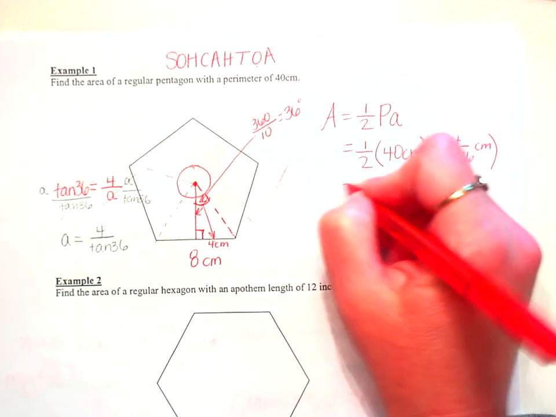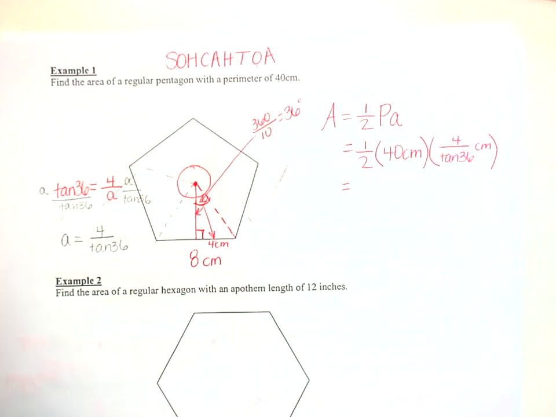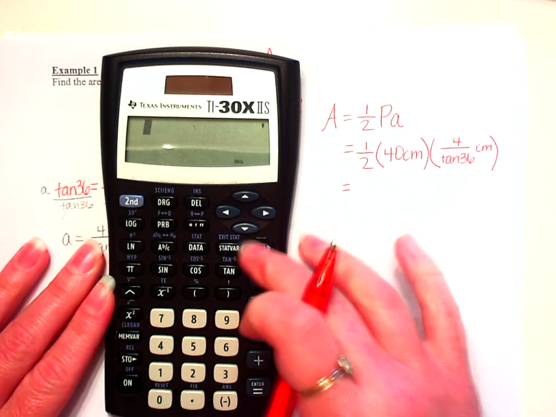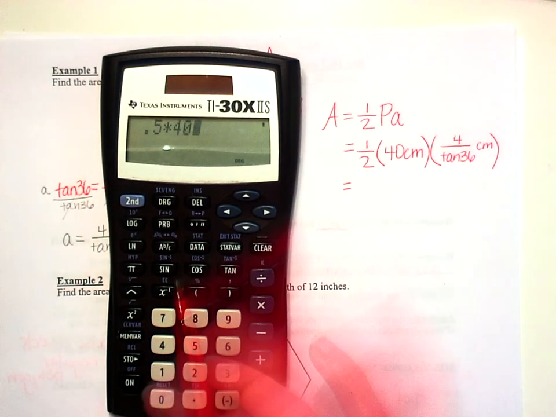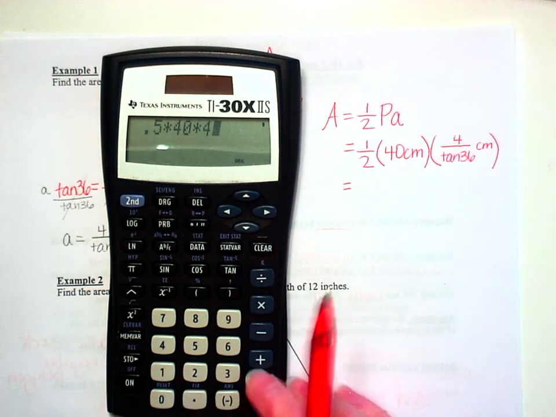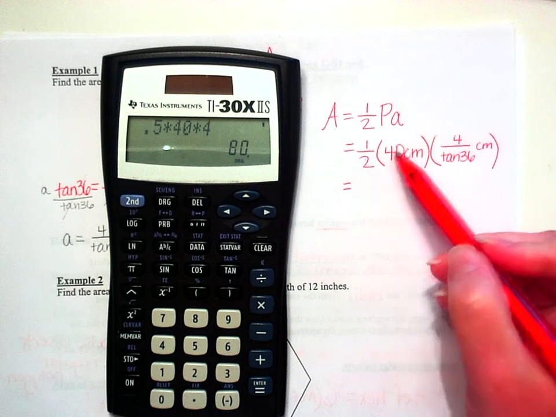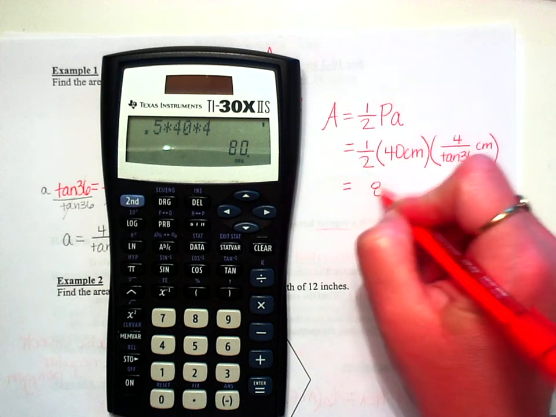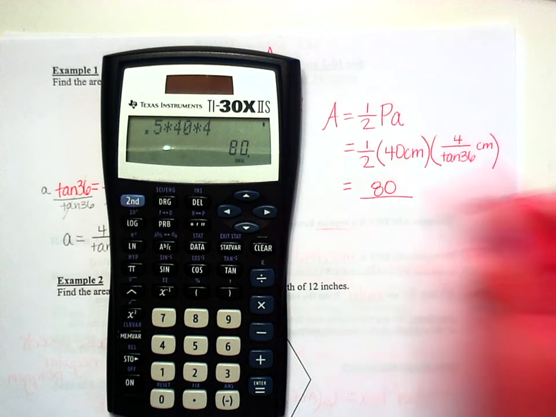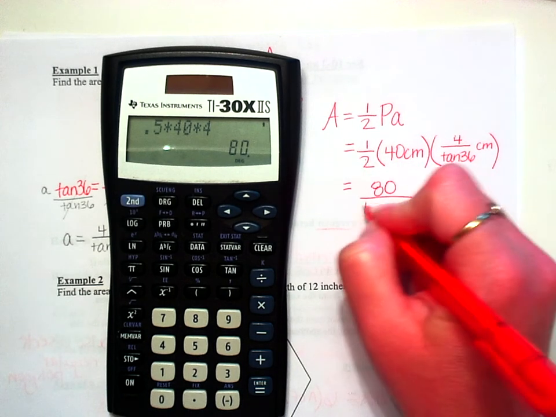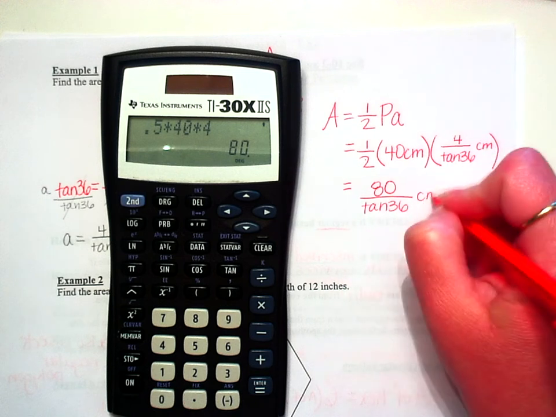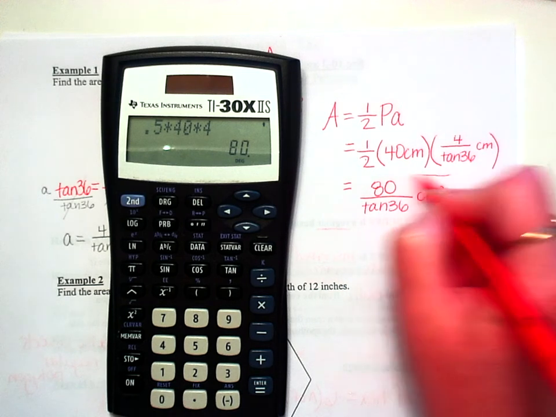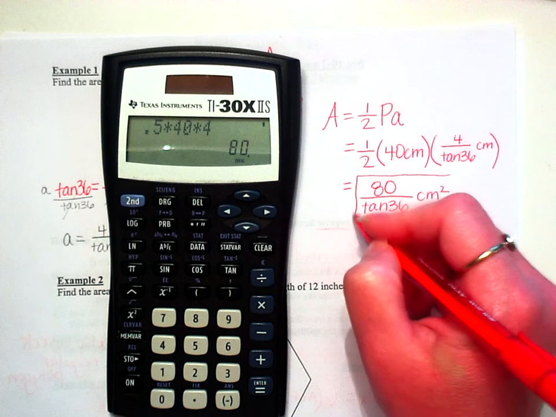Okay, so my exact answer then, I'm going to take 0.5 times 40 times 4, and I get 80. So multiplying these three things together gives me 80, and my denominator still has a tangent 36 in it. And then centimeters times centimeters is centimeters squared. Okay, remember area always has some unit squared.